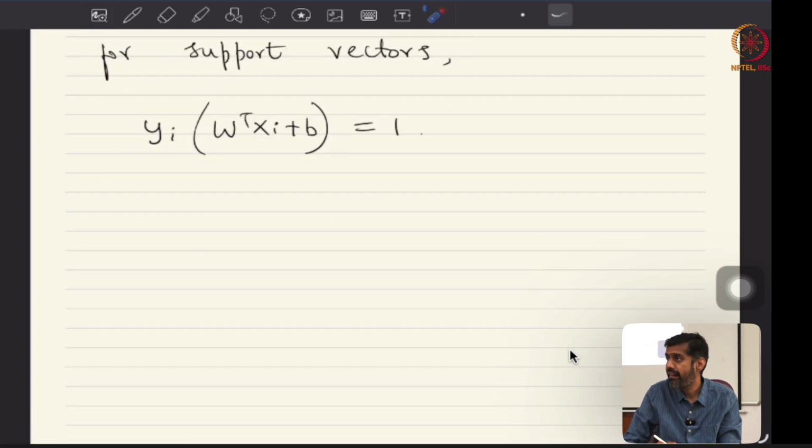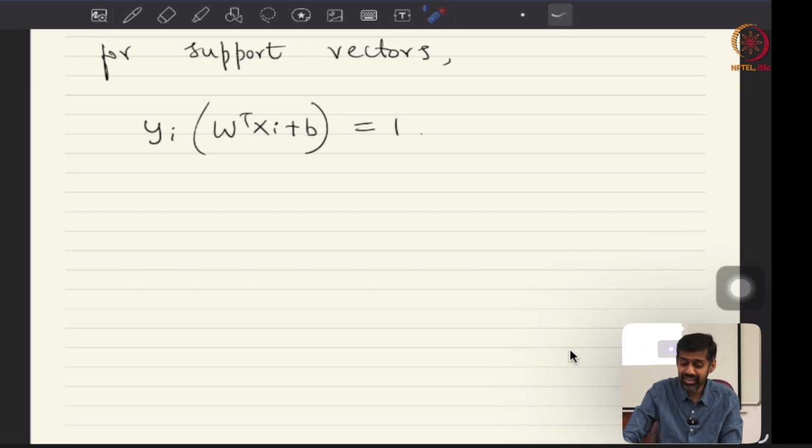Yeah, it is necessary to get it from both the classes, because if you remember from the previous class, yi can take +1 and -1, right? Look at this equation. If yi takes -1, then those support vectors correspond to one class, and for yi equal to 1, it corresponds to the other class. That is how we have defined the margin, right? It's always the case.